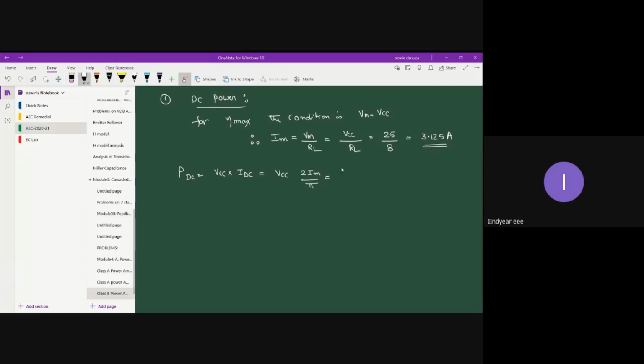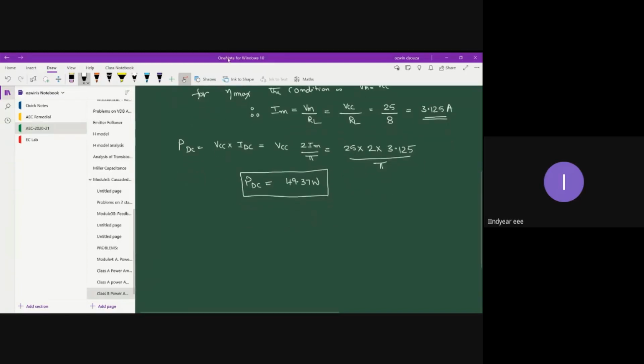So what is VCC? VCC is 25 into 2 into Im, Im is 3.125 divided by pi. So that gives PDC as 49.73 watts. Okay, so that's your PDC. So you're done with the first part.